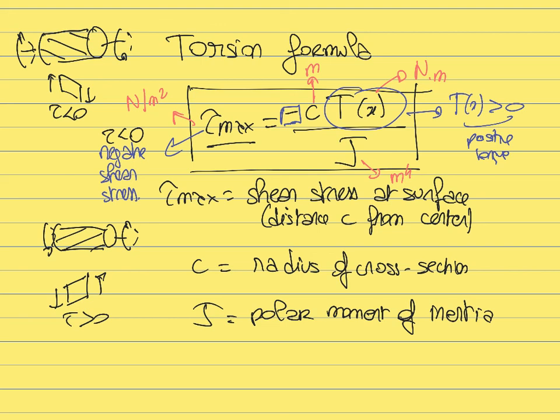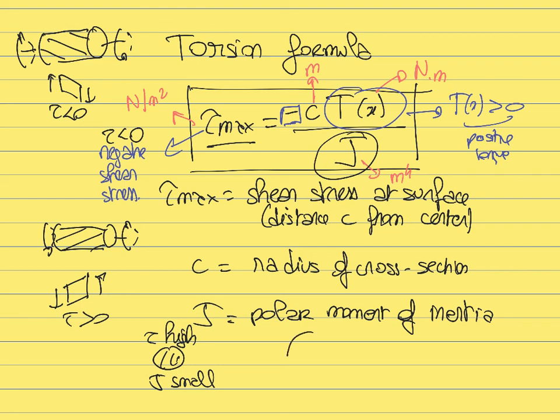And we find that the shear stress is inversely proportional to the polar moment of inertia. In the same way that the normal stress during axial load is inversely proportional to the area of the cross-section, if you have a torque and a beam with a small polar moment of inertia, then it will have a high shear stress.